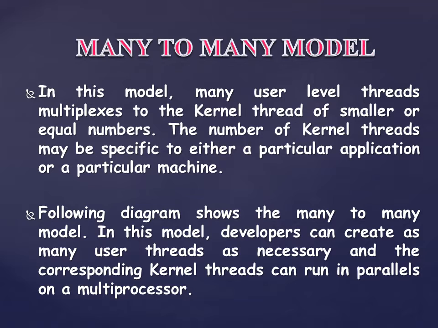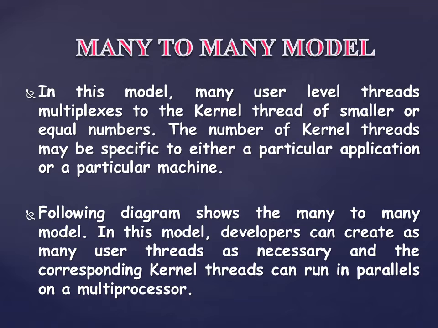Many-to-many model. In this model, many user-level threads multiplex to kernel threads of smaller or equal number. The number of kernel threads may be specific to either a particular application or a particular machine. The following diagrams show the many-to-many model.